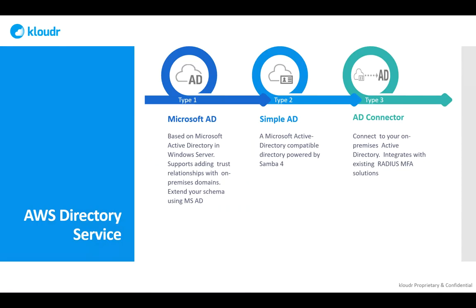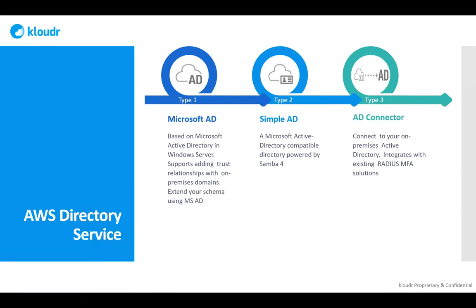In the back end, AWS will host your domain on two virtual machines, or two servers where the Microsoft AD is installed, and you don't need to worry at all about the replication between the two servers, the patching, and handling all the management stuff of the underlying OS. It will be fully managed by AWS.